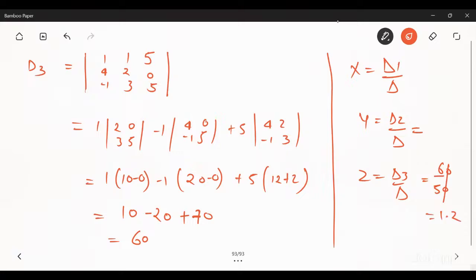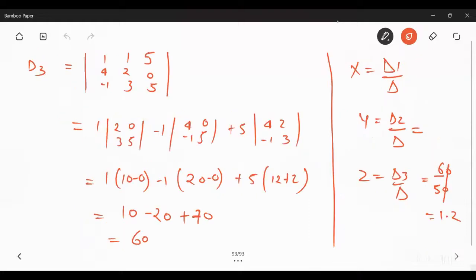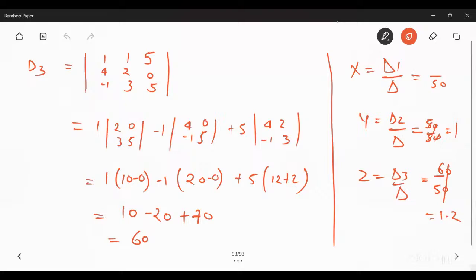The value of y is delta 2 by delta, 50 upon 50, which is 1. Now delta 1 is minus 10 upon 50, so you will get minus 0.2. So that was the value of x, y, and z.